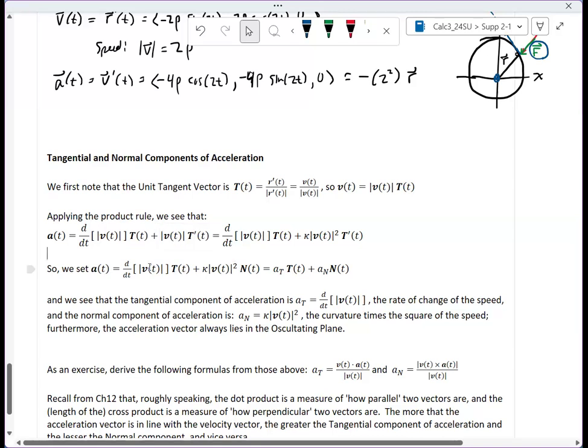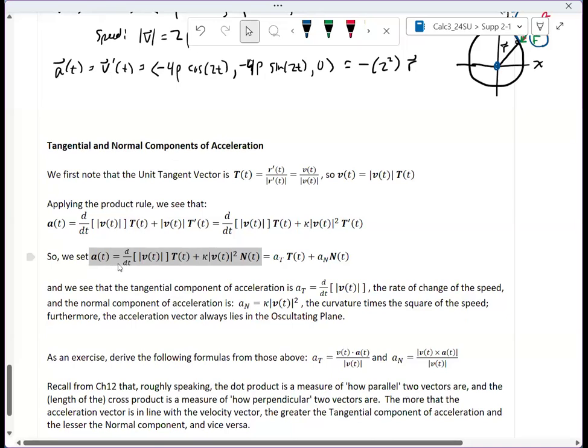With a little manipulation, we see that the acceleration vector is the derivative of speed times the unit tangent vector plus the curvature times the square of the speed times the unit normal vector.